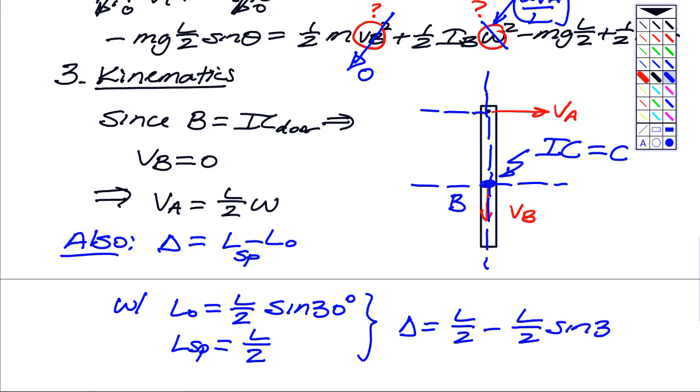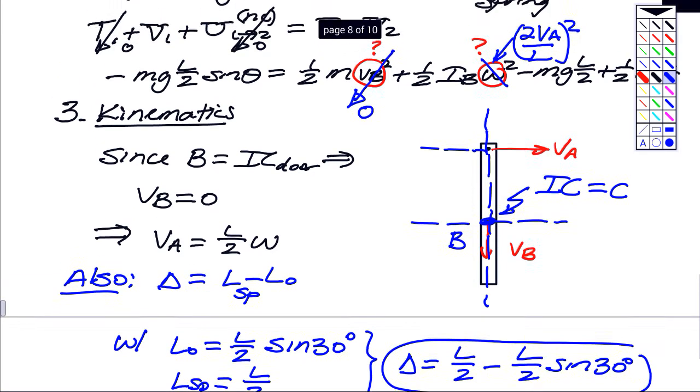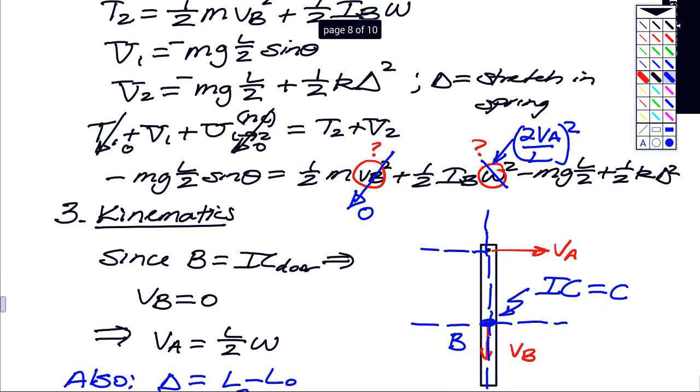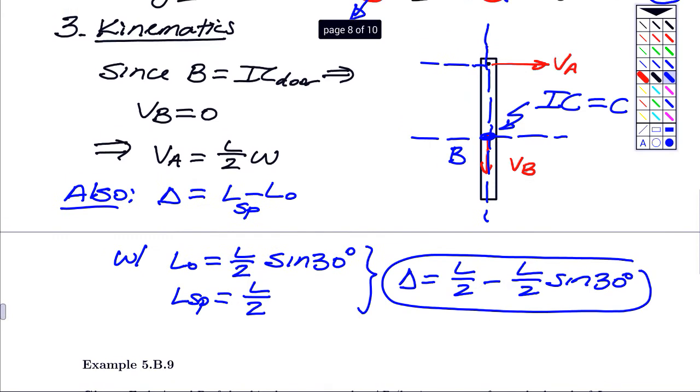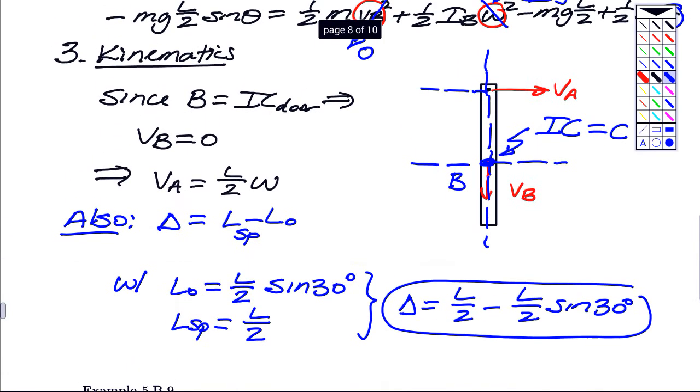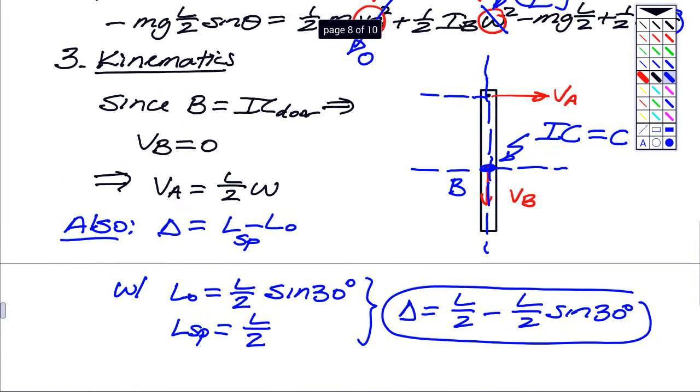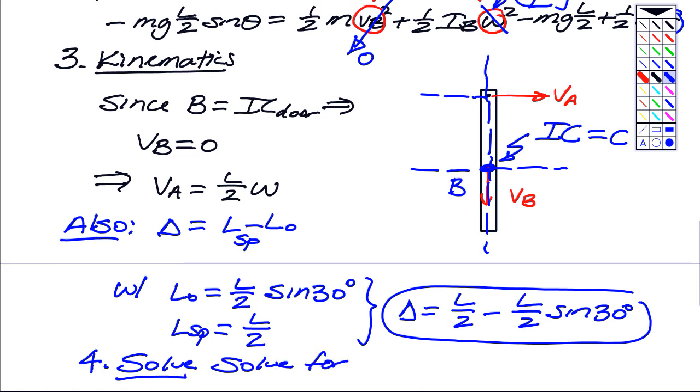That is the stretch in the spring. That goes in our work energy equation right here. So at this point, we have one equation and one unknown. What we need to do is solve for v_A from the work energy equation.